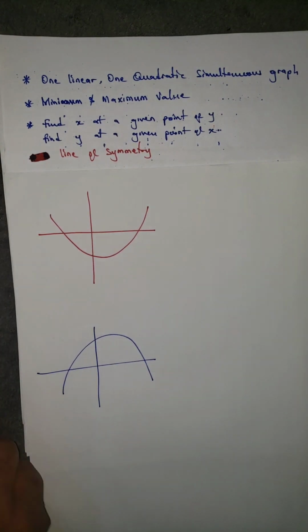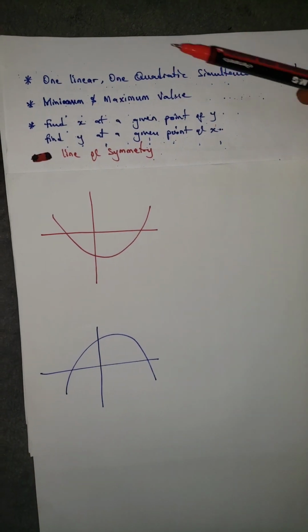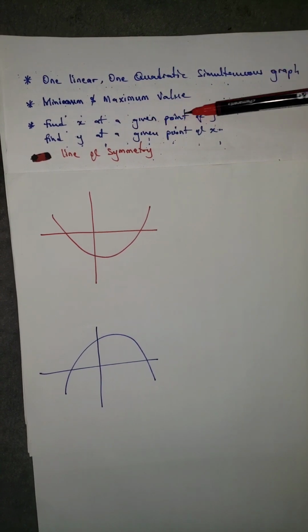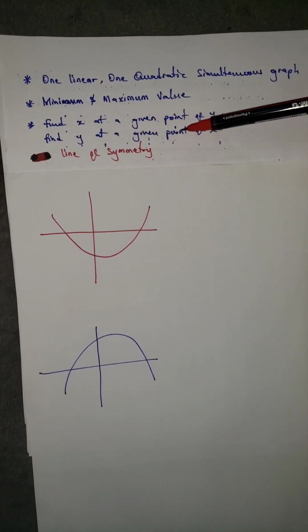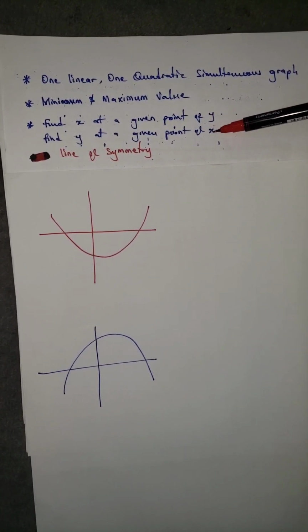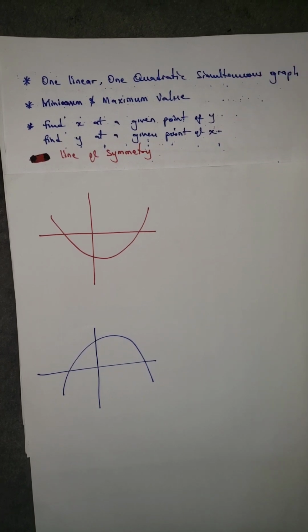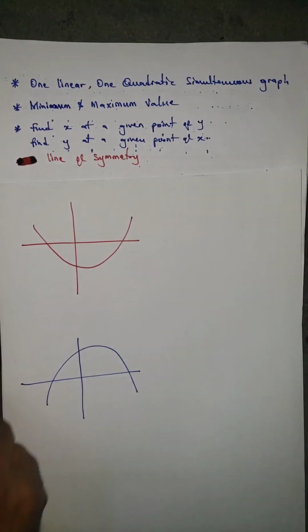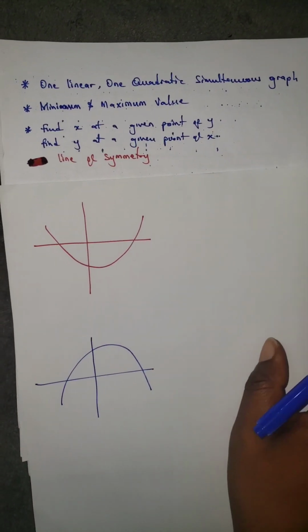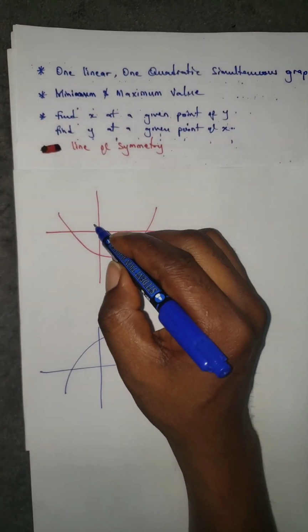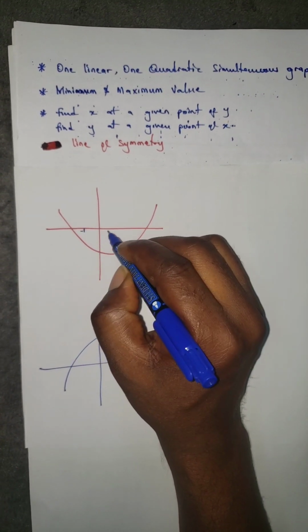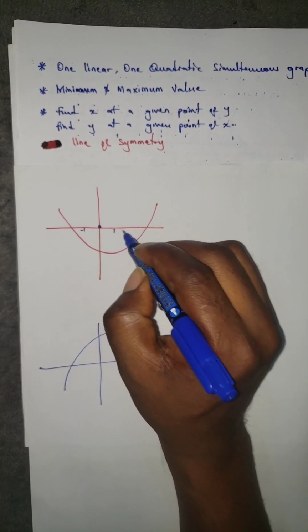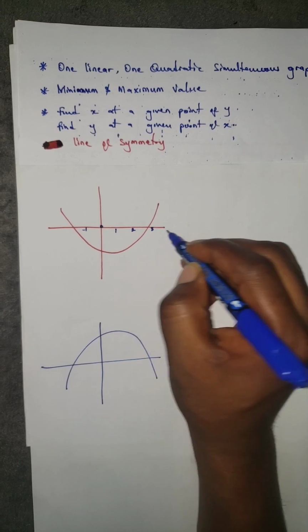Okay, so we are going to describe how to find the value of s at a given point of y and find the value of y at a given point. But let me describe the second one first, to find the value of y at a given point of s. So let's assume that I have -1 here, 0 here, 1 here, 2 here, 3 here.